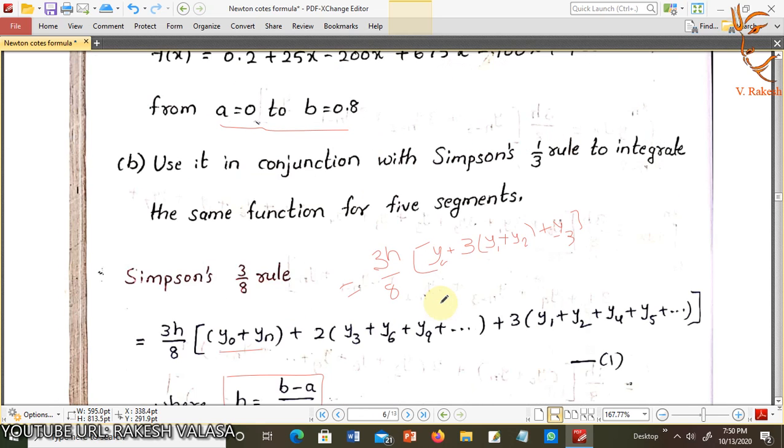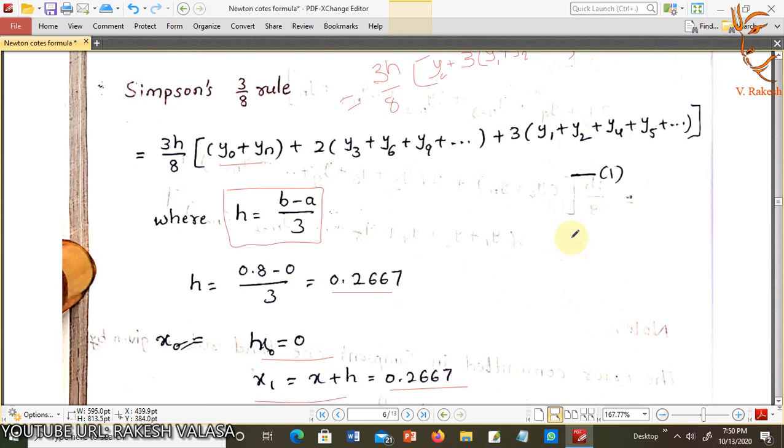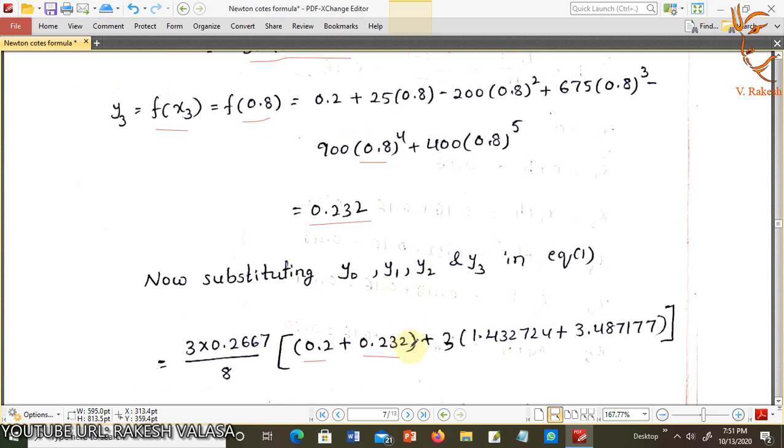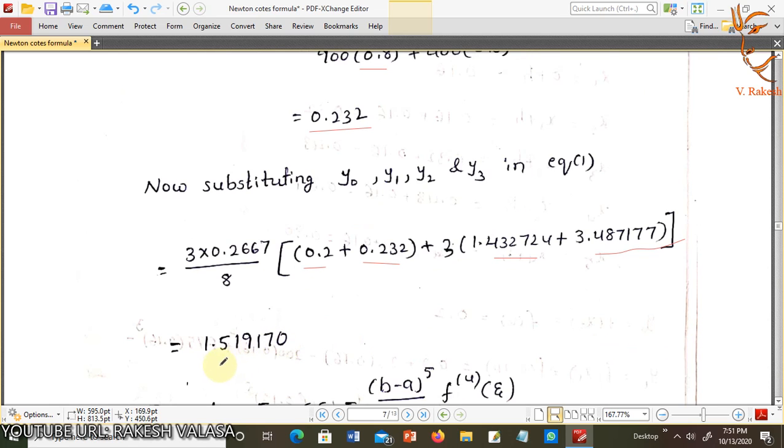In the equation number 1, that means 3h by 8 into y0 plus 3 into y1 plus y2 plus y3. 3 into h means 0.2667 by 8 into y0 plus y3 plus 3 into y1 plus y2. Now simplify this term, we get 1.519170. This is the answer for Simpson 3 by 8 rule.